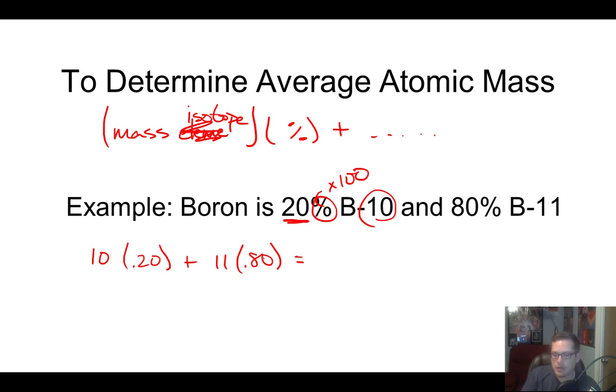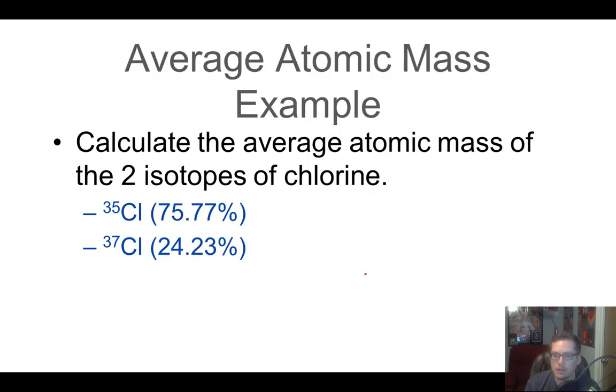We take 10 times 0.2 plus 11 times 0.8, and this tells us that the average atomic mass of boron is 10.8. We can double check by looking at the periodic table. The one I have pulled up says the average atomic mass of boron is 10.811, which matches pretty close to what we found.